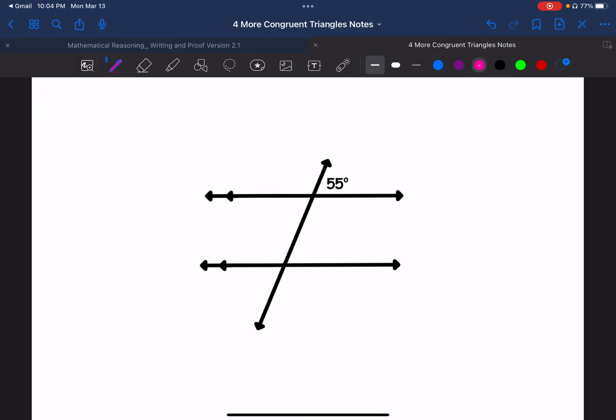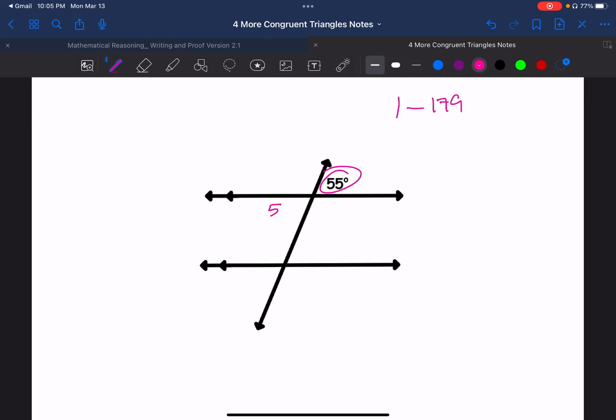So take a moment, pause the video, fill this thing out. If you're not automatic with it, practice more of them. You can just draw these and you can fill in any number you want here. Any number between, realistically, you probably want 1 to 179. Pick any number and you can make it work. And just practice it. Do it over and over again.